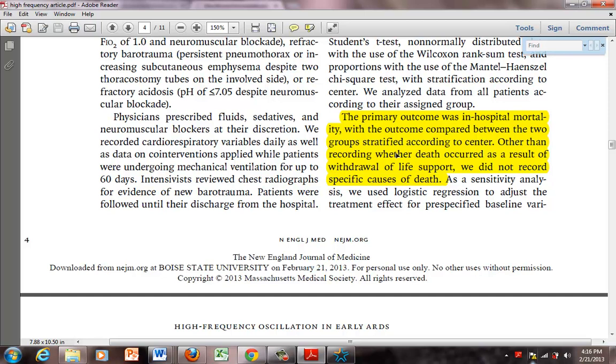So they also looked at, were they in an ICU in Canada or an ICU in Saudi Arabia? Because you think that could make a difference, huh? And they looked at whether the death occurred as, did we withdraw life support and the patient died, or did they have some sort of cardiac or respiratory event where they died on the ventilator, not because we removed it.